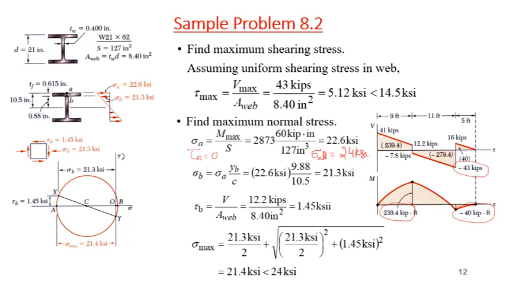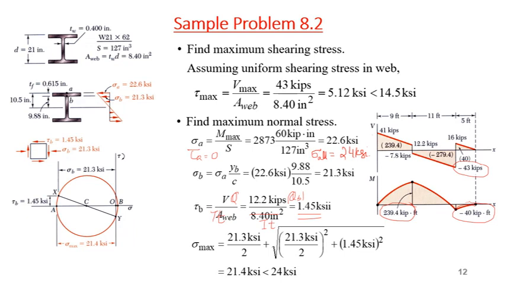Okay, this should not be area of the web. Tau B is not calculated correctly over here, so tau B should be VQ over It. So the value will be 1.45 ksi. It will be VQ over It, and over here, V multiplied by Q at B, divided by I, divided by t. When we put that in, it will become 1.45 ksi.